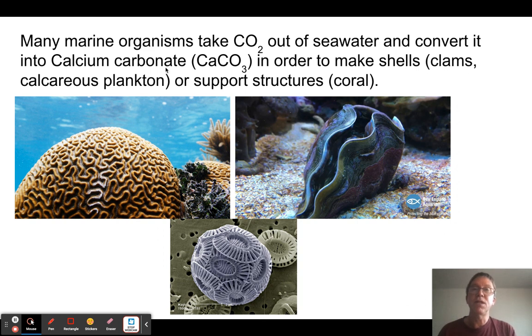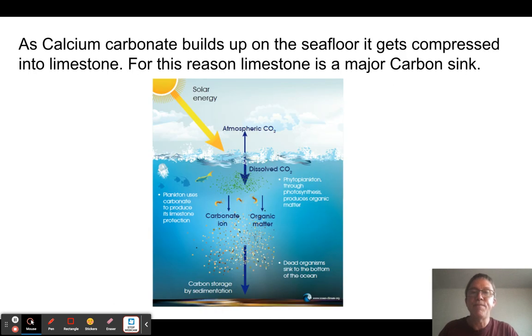But in the process of doing that, you're basically taking carbon dioxide and turning it into calcium carbonate. So that carbon ends up here. This has a lot of carbon in it, this has a lot of carbon, this has a lot of carbon in it. And so there's a significant reservoir or sink of carbon in these materials. When they die, they tend to form a solid mass at the bottom, which is called limestone.